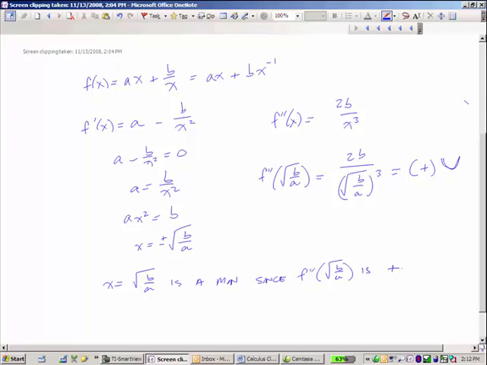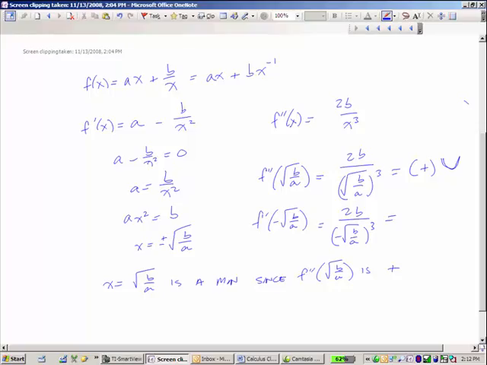Is that okay? Go ahead. Alright. Do you have to do the negative now? Yeah, we do. So we need to take this whole thing and plug in negative root b over a. So we get 2b over negative the square root of b over a cubed. Alright, so b is positive, b over a is positive, the square root of b over a, positive.